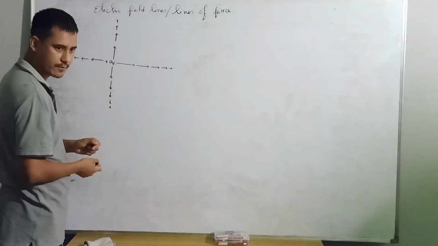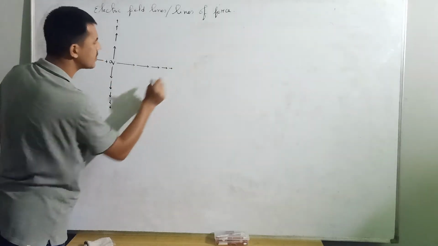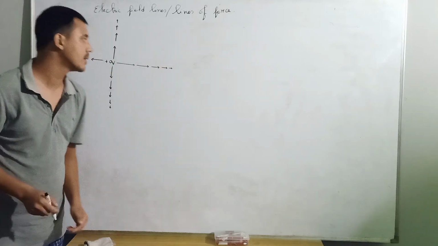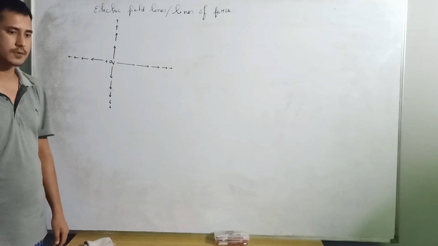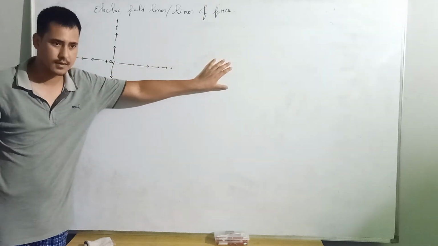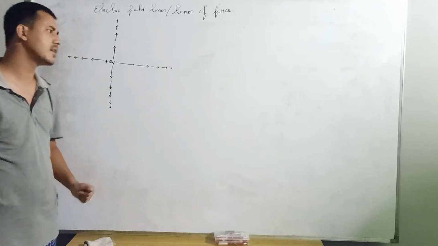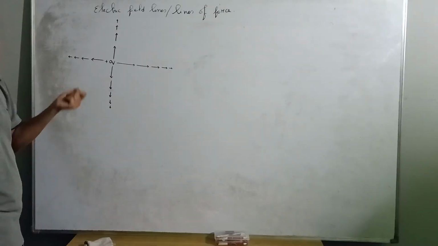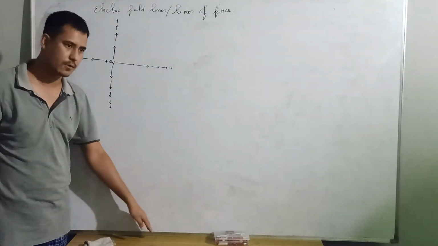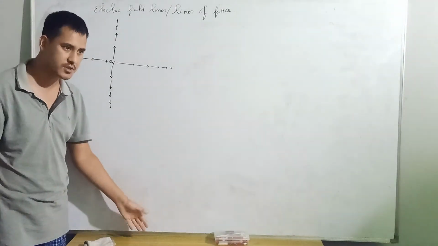It doesn't become zero. It doesn't mean that since the length of the arrow is decreasing, at infinity there will be no more arrows. It extends up to infinity, but the magnitude is very small. It will tend to almost zero, but it doesn't vanish.